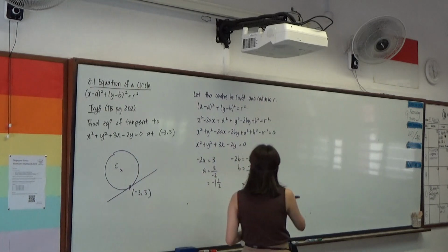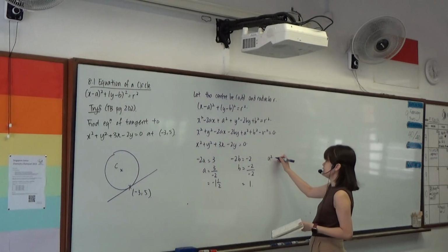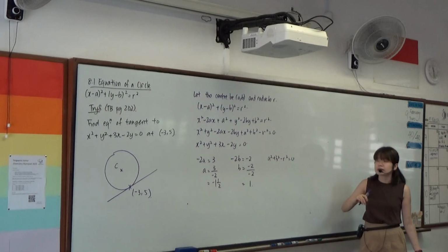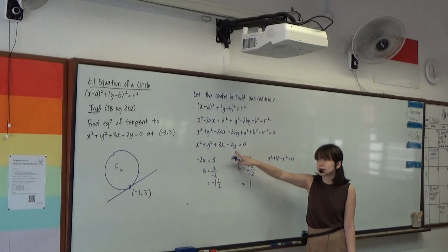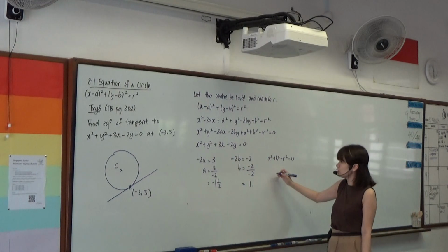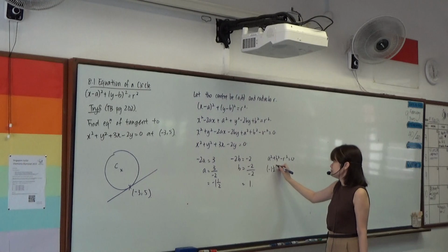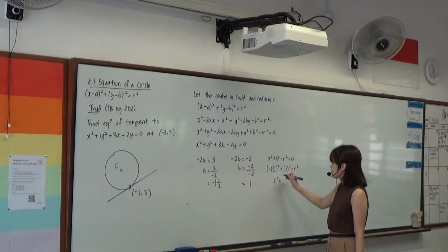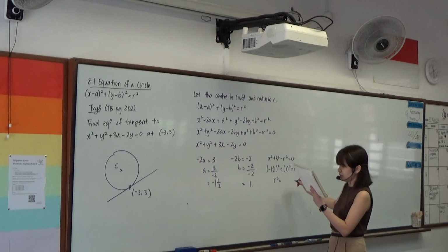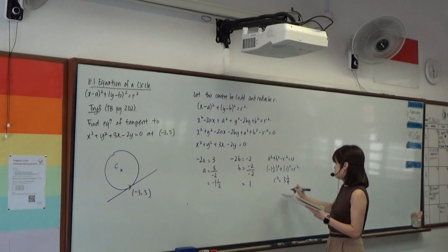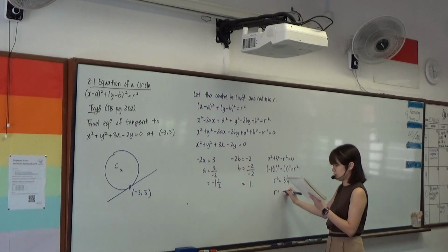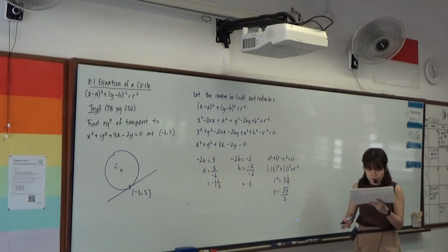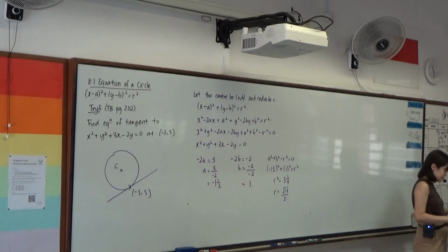So it's optional that you want to complete this. a² + b² - r² equals 0 because there is no constant term given in the equation of the circle. Radius would technically be square root 13 over 2.